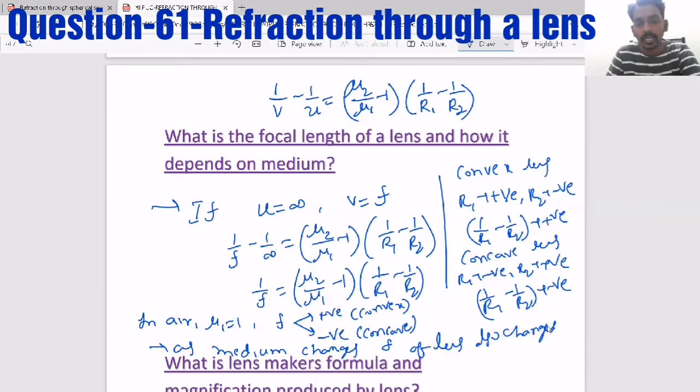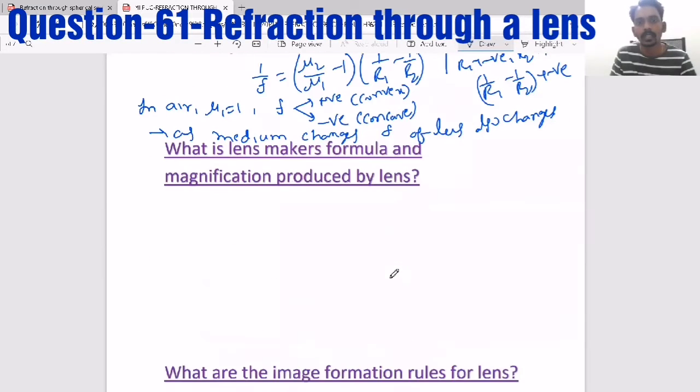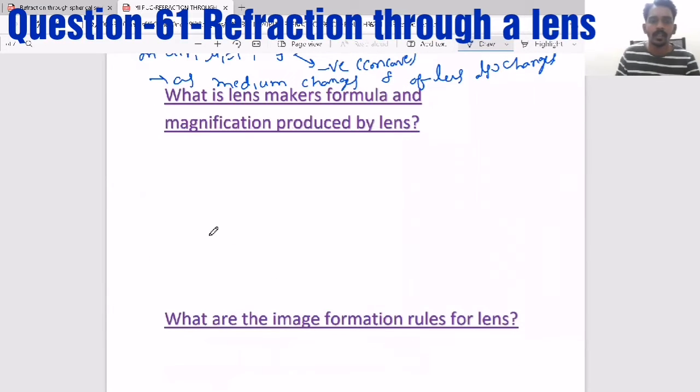And when mu1 is greater than mu2, then the convex lens focal length will become negative and the concave lens focal length will become positive. That means the convergent convex lens behaves as a divergent lens and the divergent concave lens behaves as a convergent lens. So that is the effect of the medium on the focal length of a lens.